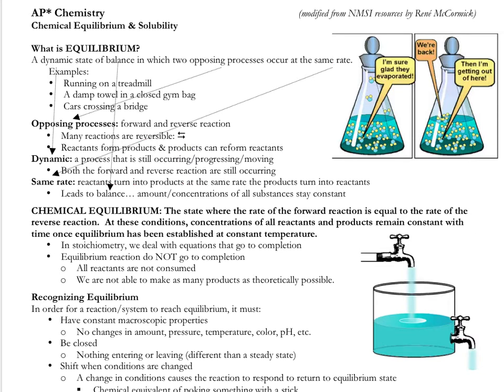And because it's at the same rate, the forward and the reverse are happening not just at the same time, but at the same speed. We are making products as quickly as we are consuming those products. We are turning products back into reactants as quickly as the reactants are turning into products. That leads to a certain amount of balance. Right here, the same amount of water in as water out, that water level is going to stay the same.